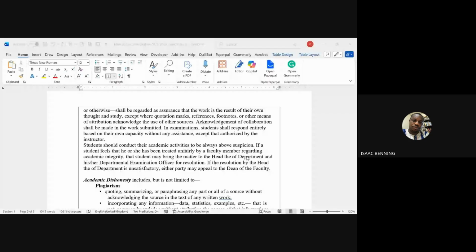the 4 weeks we are going to engage ourselves, we are human beings, so sometimes it's likely that I may treat you unfairly. So whereby you feel that I have treated you unfairly, you can reach out to the department, the head of department, to seek redress.